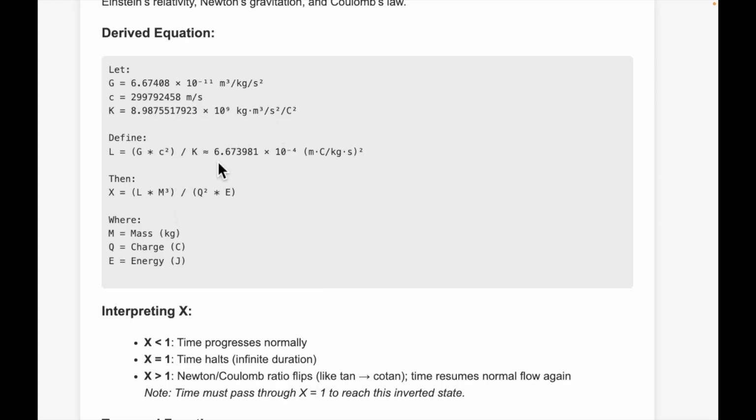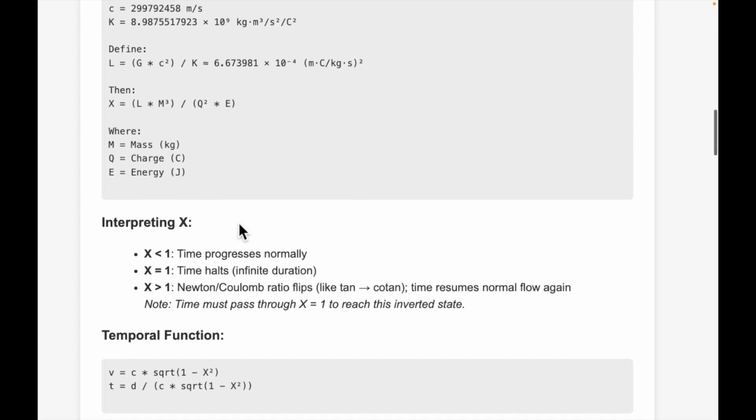If you have the right values, you can flip it over, and it's essentially the same thing. I'm basically saying that here. And when x is greater than 1, the Newton and Coulomb ratio flips like tangent and cotangent. Time resumes in normal flow again.